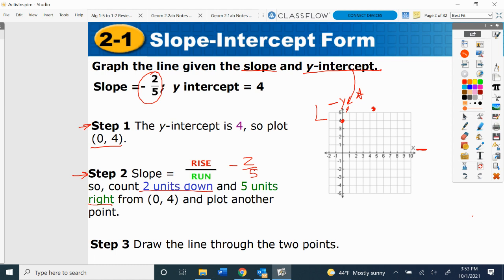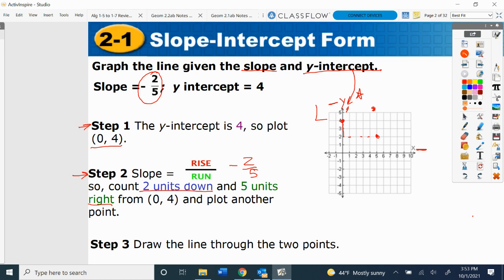So starting from this point there, we're going to go down 2 places, 1, 2, and we're going to go over to the right 5, 1, 2, 3, 4, 5, and that is going to be our next point.